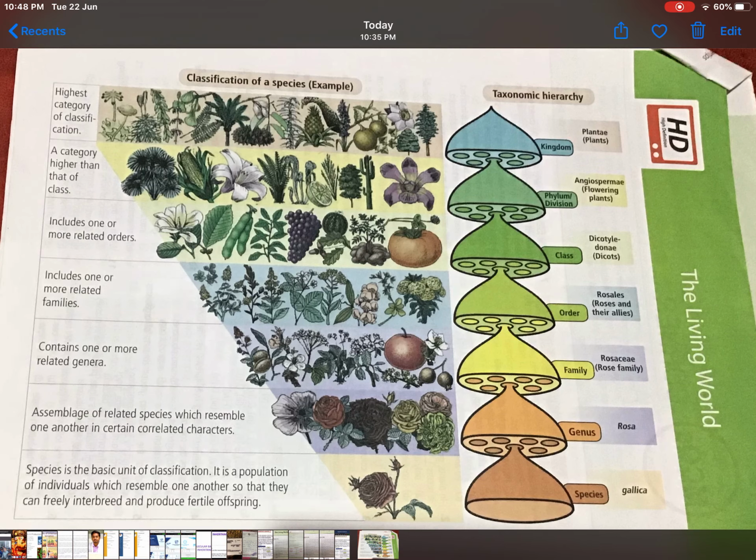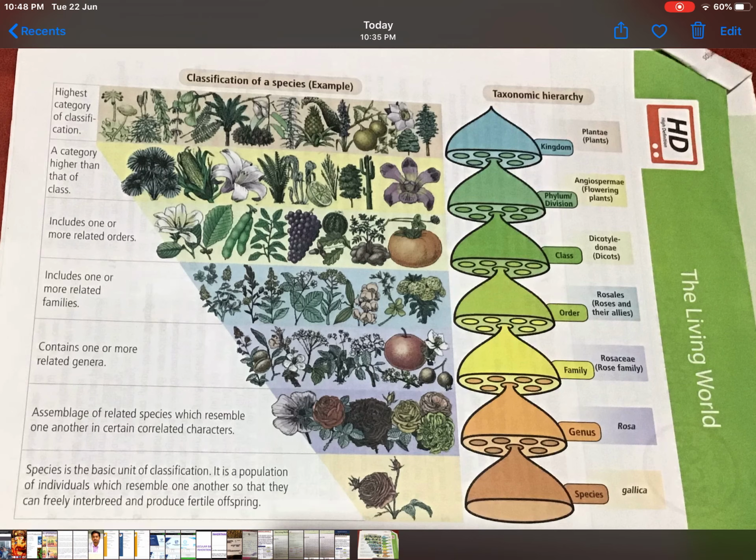Finally, the division, whether it is angiosperm, gymnosperm or bryophyte, based on the characters. And finally, if it exhibits more plant characters, and there may be some cases where plants exhibit animal characters also, but we see the overall majority and put it under a kingdom. So this is how the taxonomical hierarchy helps us.